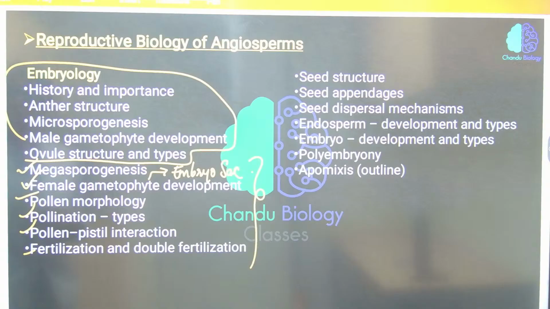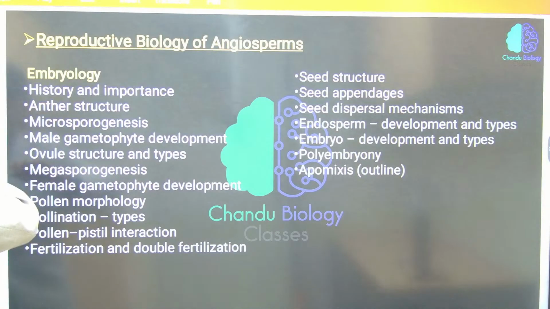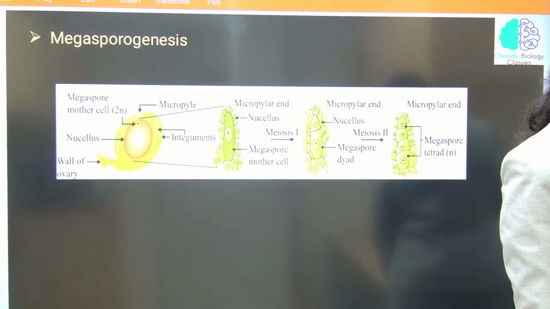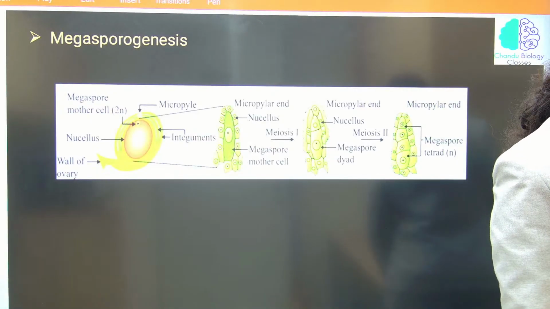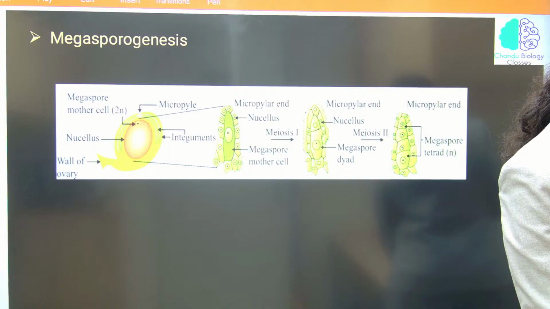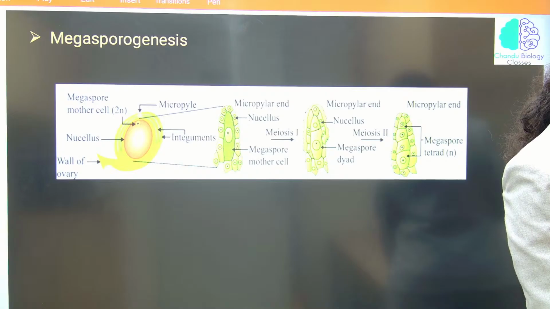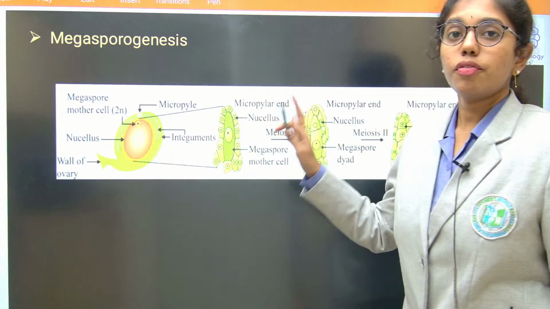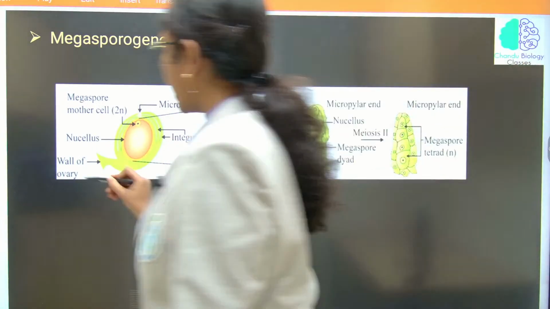Post fertilization events we will look into in the next class. So yesterday we are done till here, and now if we have to start with megasporogenesis, what is megasporogenesis? Before getting into the concept in detail, let us look into the female reproductive structure, that is the carpel unit.